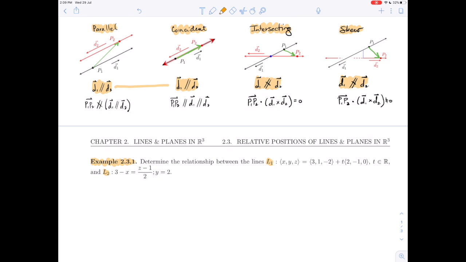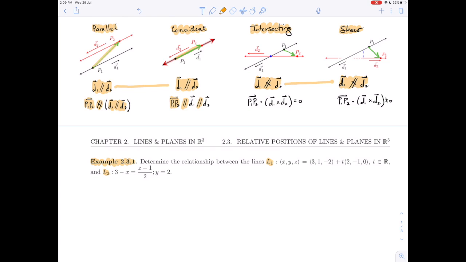To distinguish between parallel and coincident lines, we looked at the vector P1P2. In parallel lines, P1P2 was not parallel to the two direction vectors, whereas in coincident lines, P1P2 was parallel to both. Intersecting and skew lines differ in that intersecting lines are coplanar, skew lines are not.